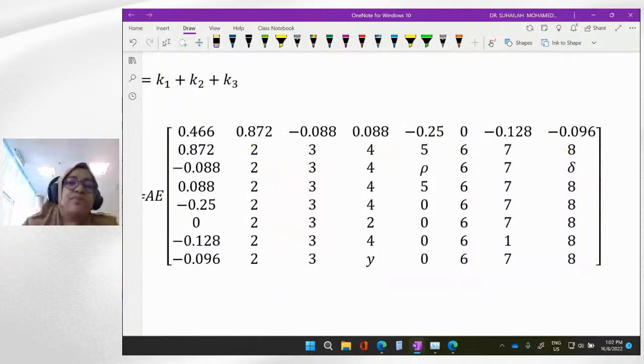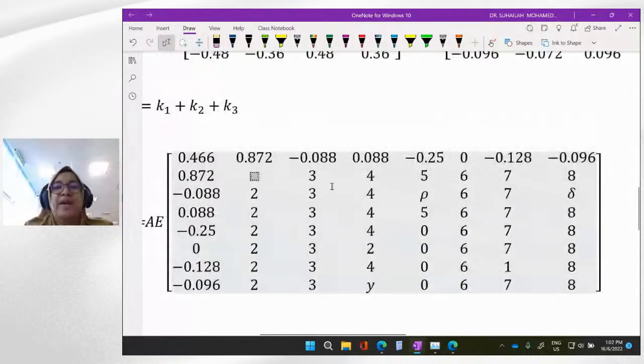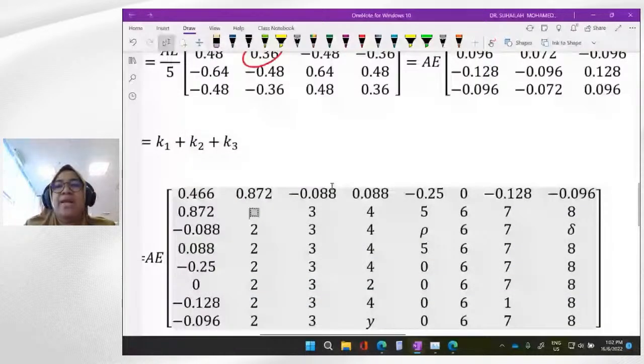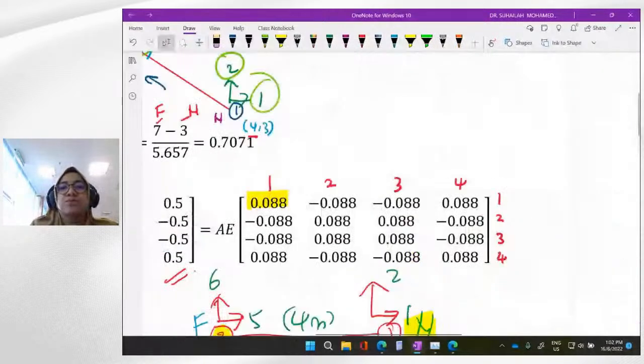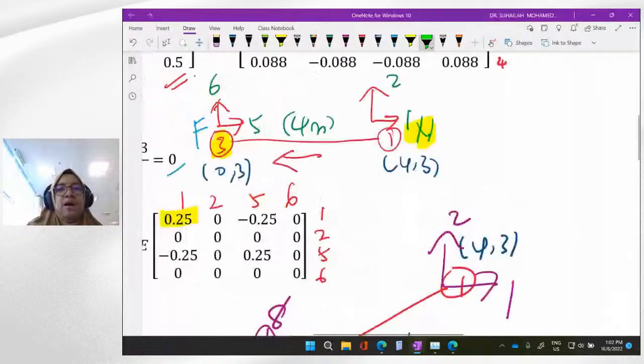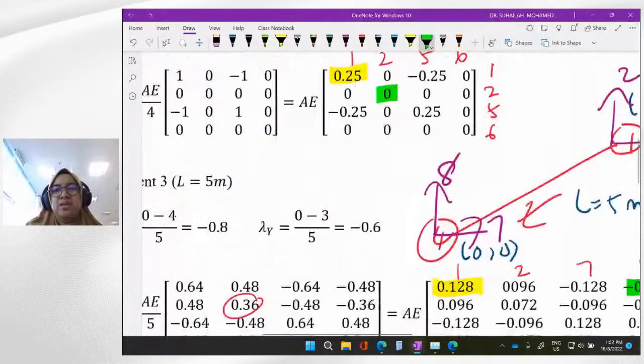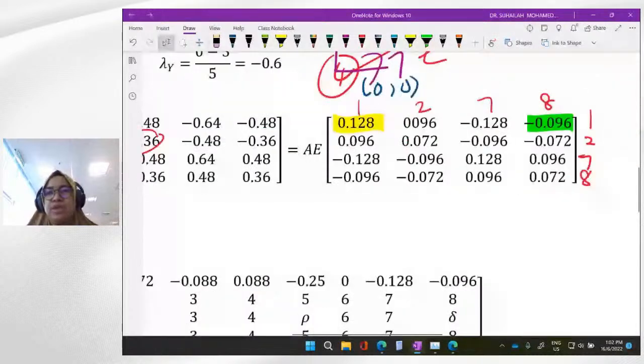So for position 2, 2, we have to replace it by the value we get from 2, 2. We can find 2, 2 in all K1, K2, and K3. So where is 2, 2? In K1, 2, 2 is 0.088. 2, 2 in K2 is 0. 2, 2 in K3 is 0.072.